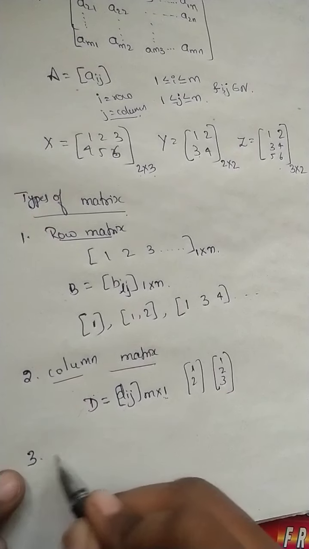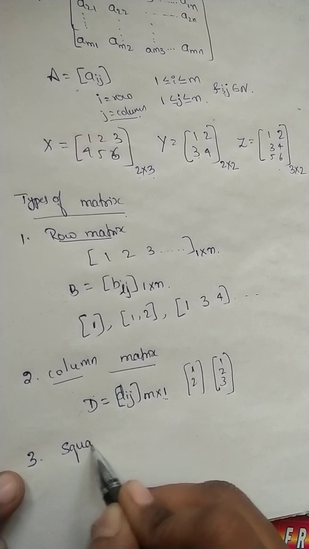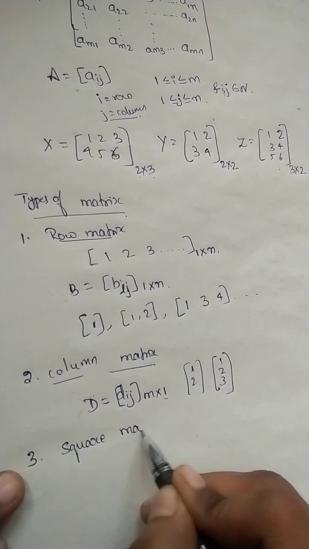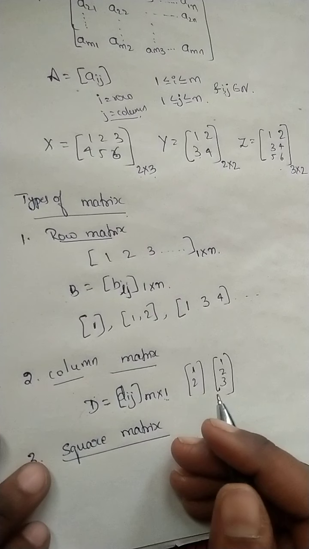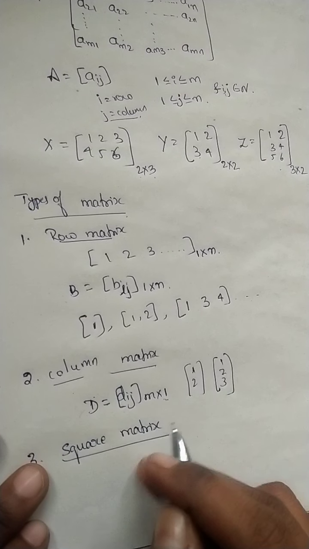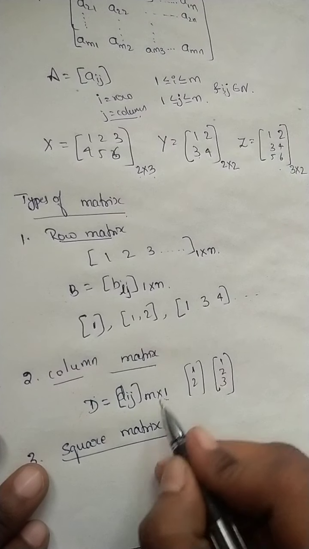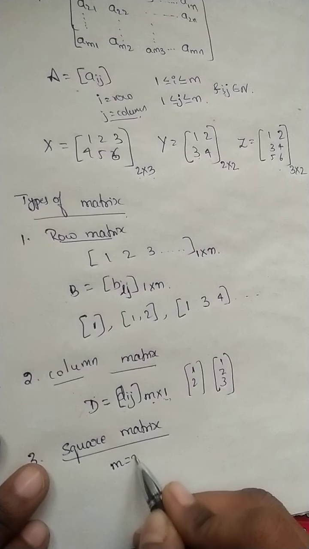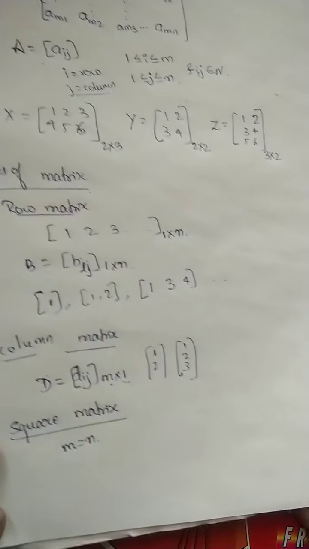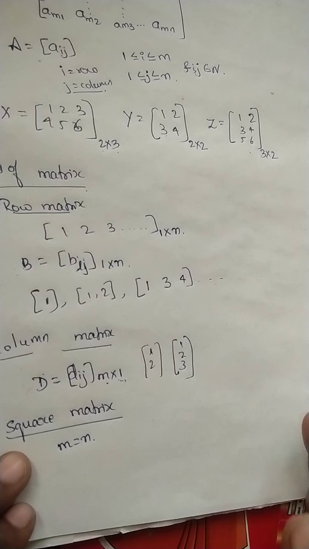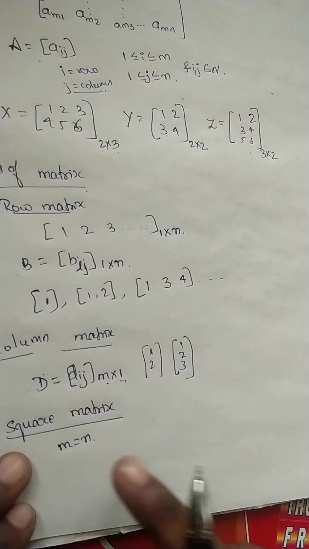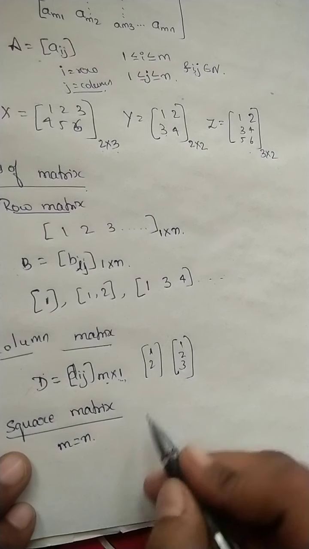Next comes the third one, the square matrix. A square matrix is a matrix which has an equal number of rows and an equal number of columns. That means m should be equal to n. It can be of a single element or any number of elements where the number of rows equals the number of columns.